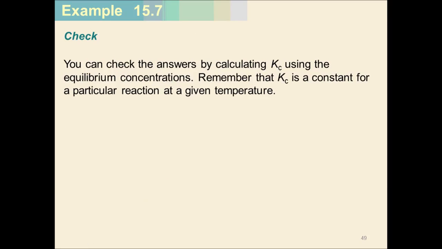On slide 49, check this again. You could go back and calculate Kc by using those numbers, those equilibrium concentrations, and remembering that Kc is a constant for a particular reaction at a given temperature.